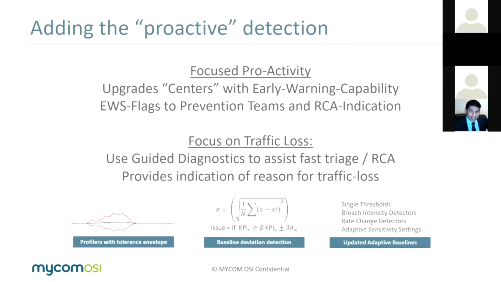So we've got different algorithms embedded into our traffic profiling and machine learning techniques as well, through single threshold, breach intensity detectors, adaptive thresholding through standard deviations and so on, which have been well proven in our customer base.